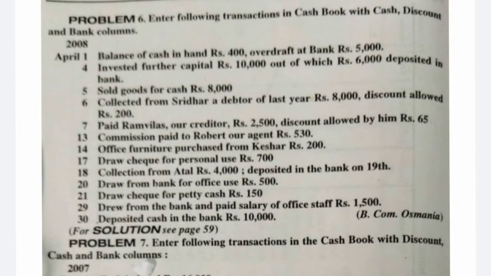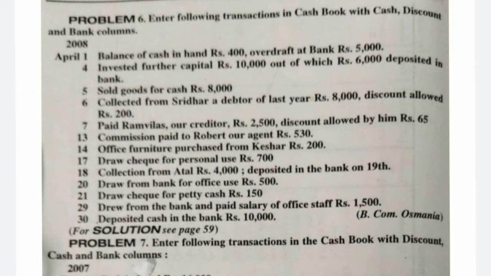Okay, collected from Sridhar, a debtor of last year, 8,000, and discount allowed rupees 200. So what is the amount in total we need to receive from Sridhar is 8,200, but we are giving him discount 200 and we are receiving only 8,000. So nothing is given, therefore we need to assume it as cash.